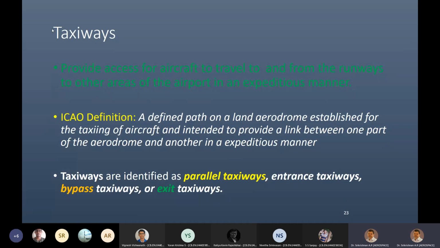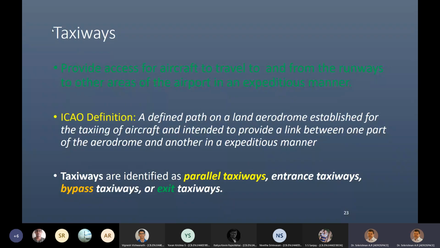Similarly, for an aircraft which is about to take off, the road that can connect it from where it is parked to the runway. So providing access for moving around in the airport when it is off the runway, those roads or provisions are called the taxiway.